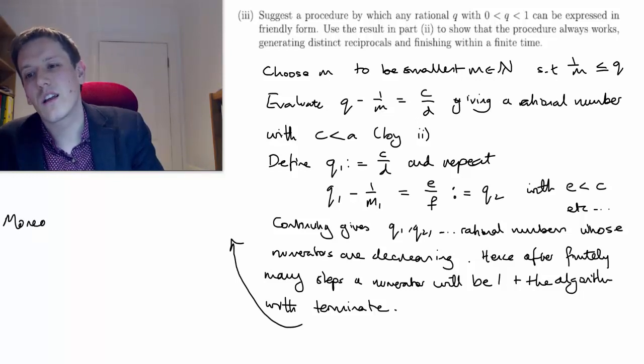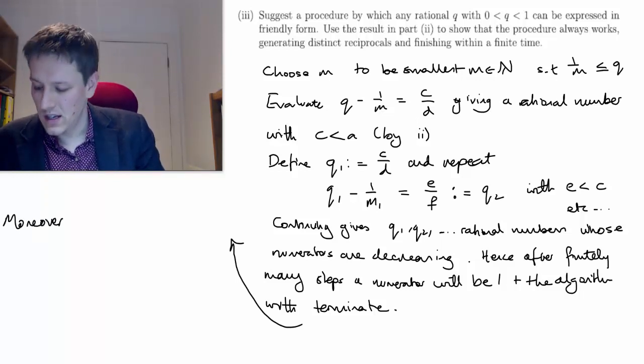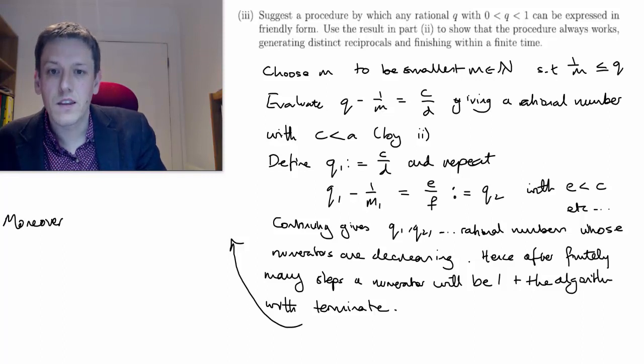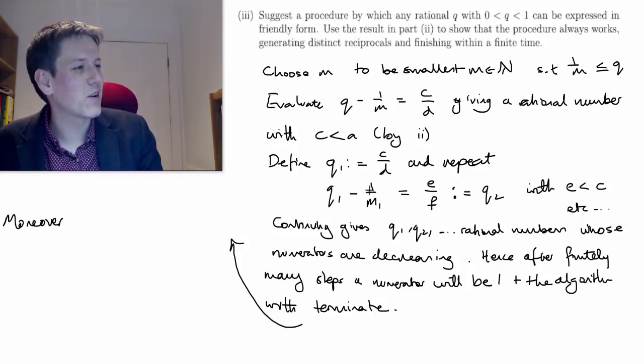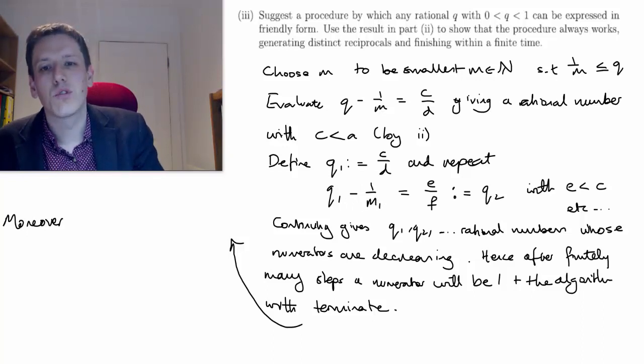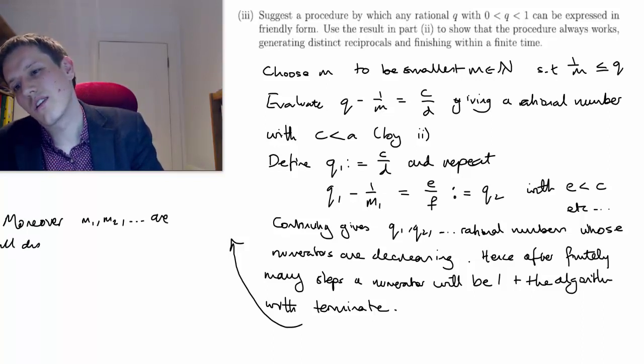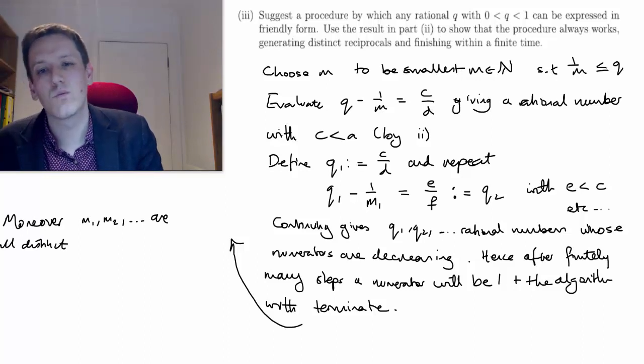So I might say, moreover, these. Now this is the handy thing about introducing a bit of notation as you go along here. What I've defined as m1 here. Moreover, m1, m2, etc. are all distinct. And why are they distinct?